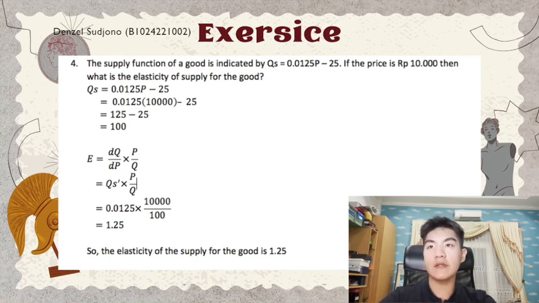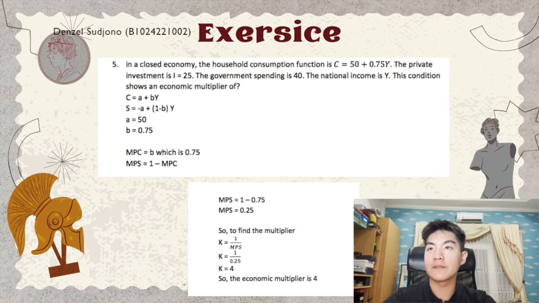E equals derivative Q per derivative P times P per Q, equals derivative of QS times P per Q, which equals 0.0125 times 10,000 per 100, which equals 1.25. So the elasticity of supply for the good is 1.25.